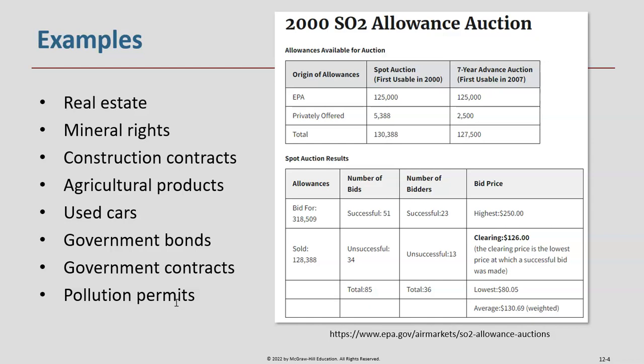You can see the EPA was going to sell about 125,000 new permits. Business firms that had already purchased these allowances added about another 5,000 to the auction.